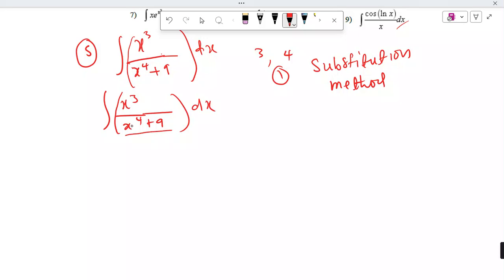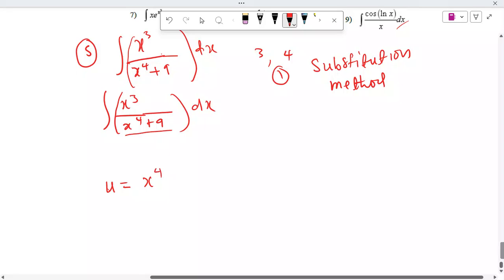Here the highest power of x is in the denominator, so we can say u equals x to the power 4 plus 9. So u is equal to the variable with the highest power.